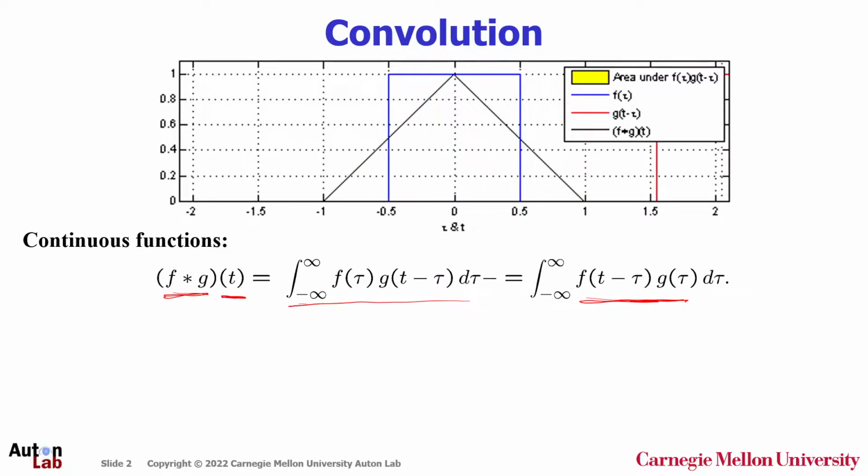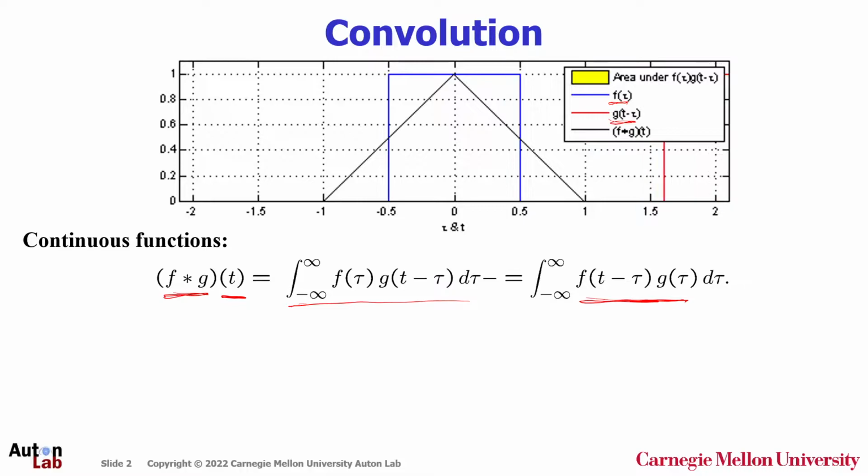I'm visualizing this convolutional operator for two one-dimensional functions here. The blue curve is function f(tau), the red curve is function g(t minus tau), and as you can see, as we change the value of t, this function shifts from left to right. The yellow region is the area under f(tau) times g(t minus tau), which is the same as the convolution of f and g.